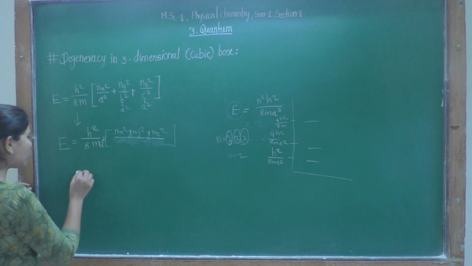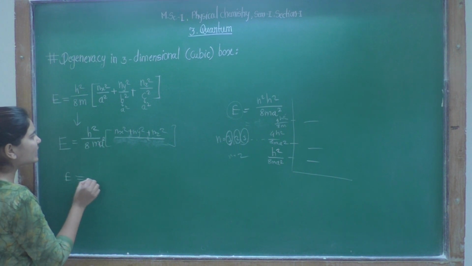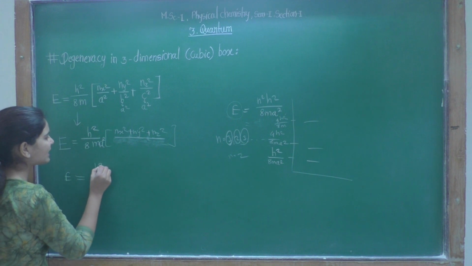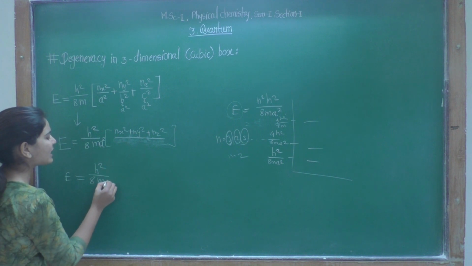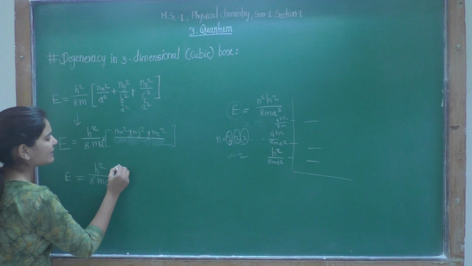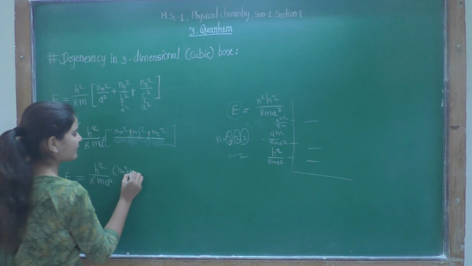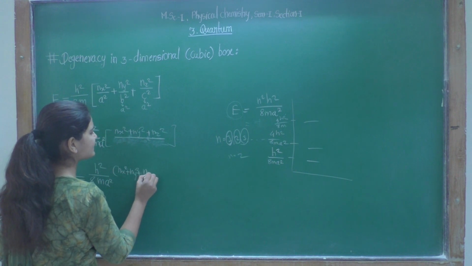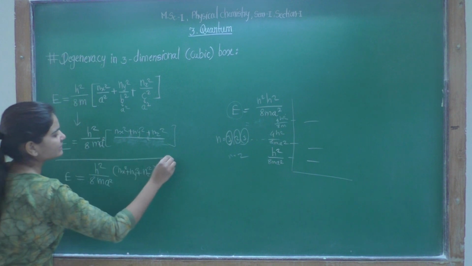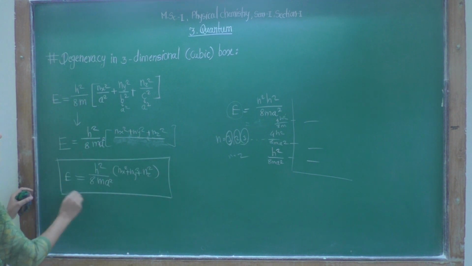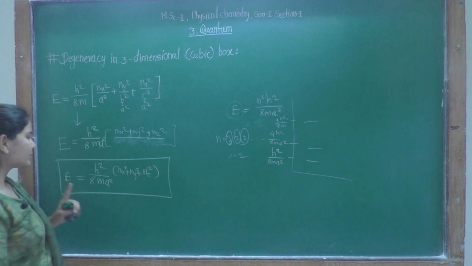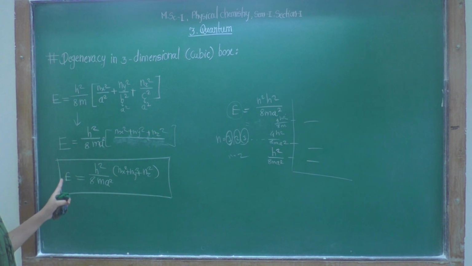So the formula for energy for cubic box will be h square upon 8ma square in bracket nx square plus ny square plus nz square. That's it. Now in our cubic case, the formula for energy is this.